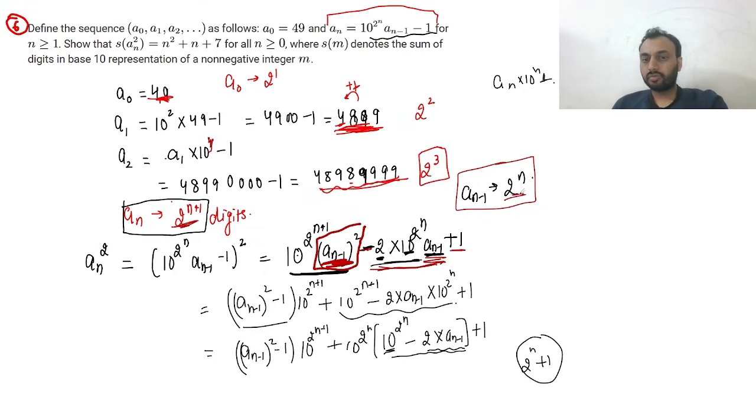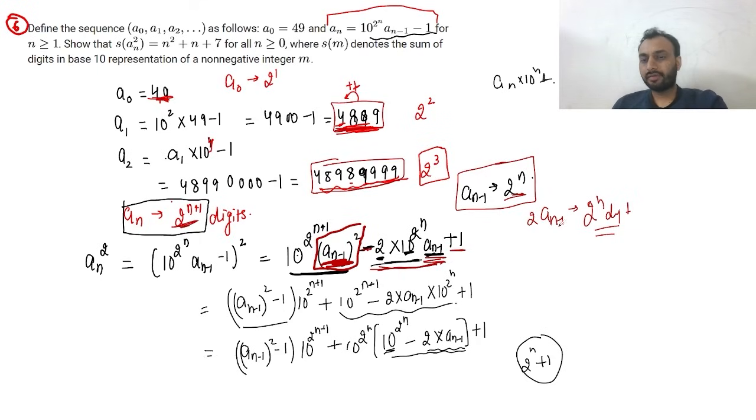AN minus 1 has 2 power n digits, and if we multiply it with 2 also, it still has only 2 power n digits. You can check that from here: A0 is 49, so 2 times A0 is 98, which is again a 2 digit number. A1, if you multiply it with 2, will again be a 4 digit number. Multiplied with 2, it will again be a same digit number.